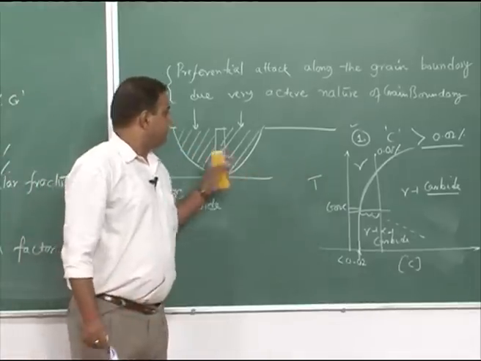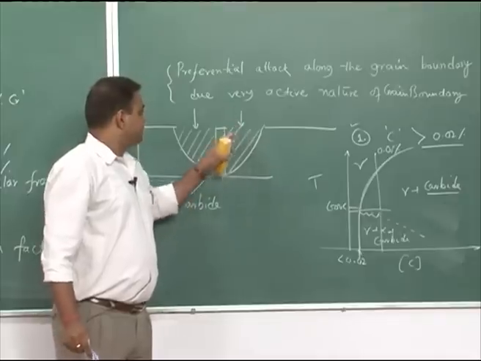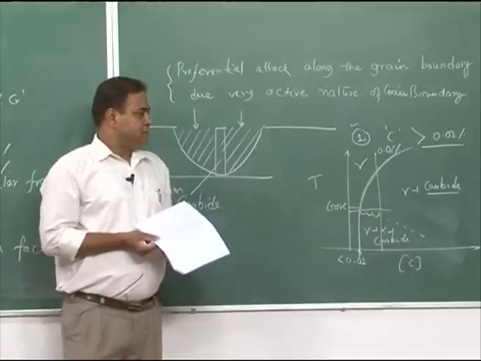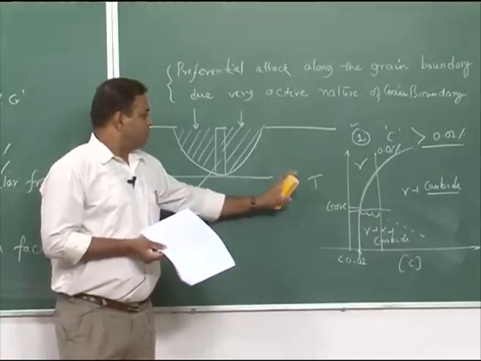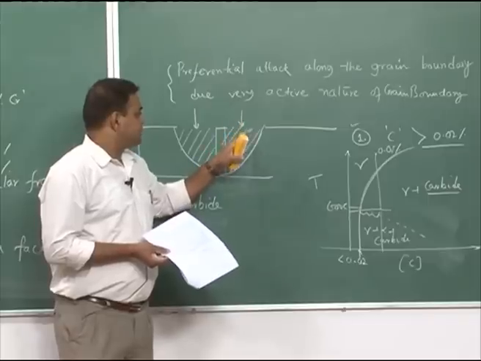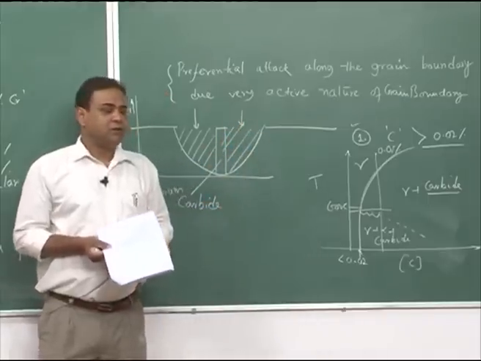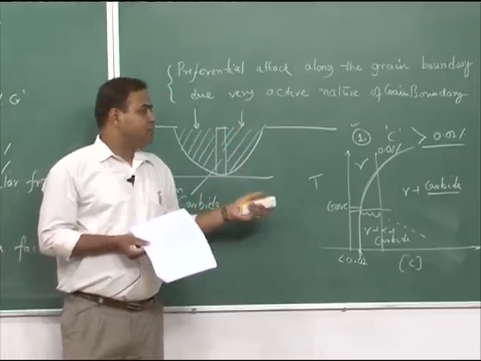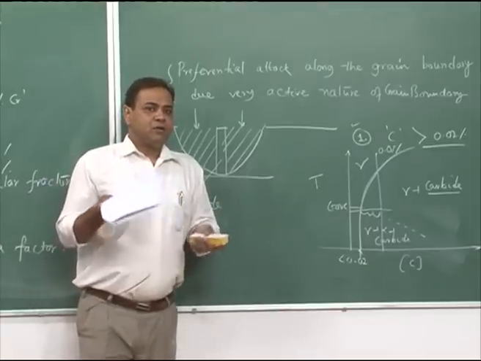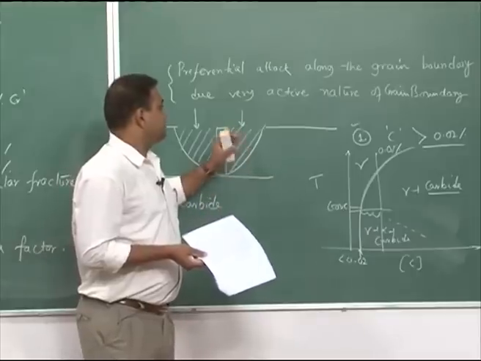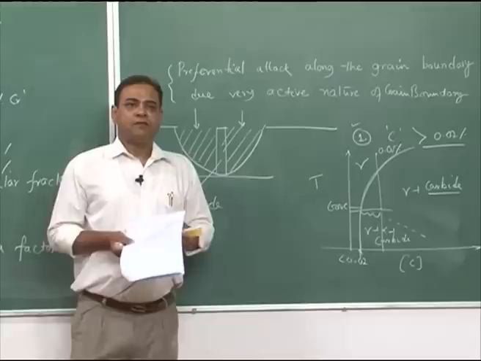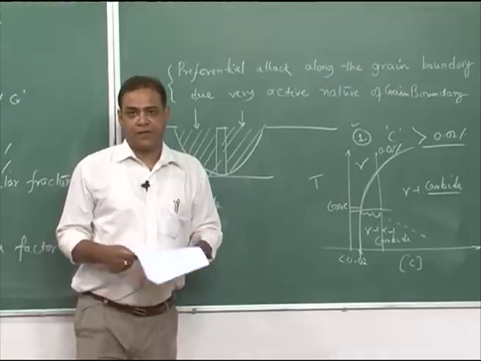We will see this chromium carbide formation due to aging in greater depth, and we will also see that, based on the temperature and time conditions, we can design the protection mechanism from this carbide-related depletion and intergranular corrosion of austenitic stainless steel. Thank you.